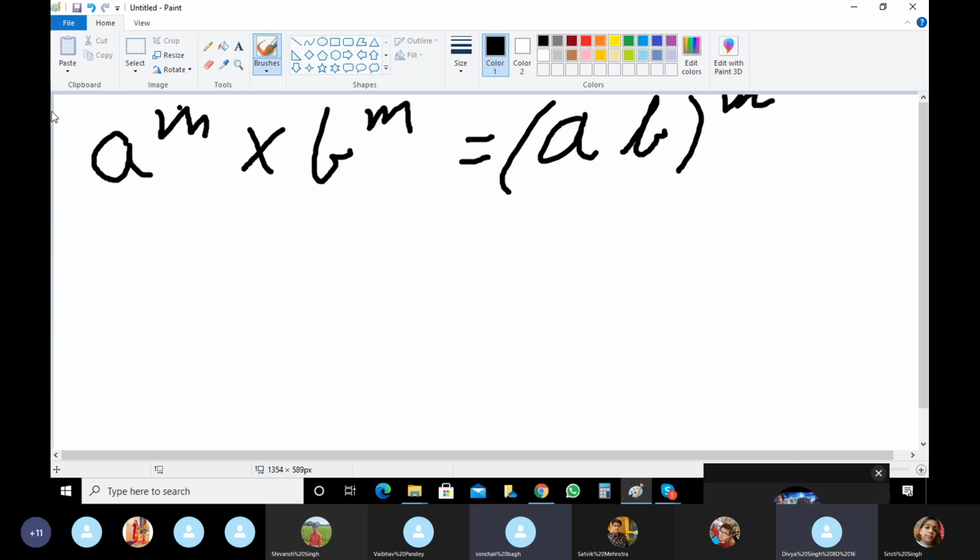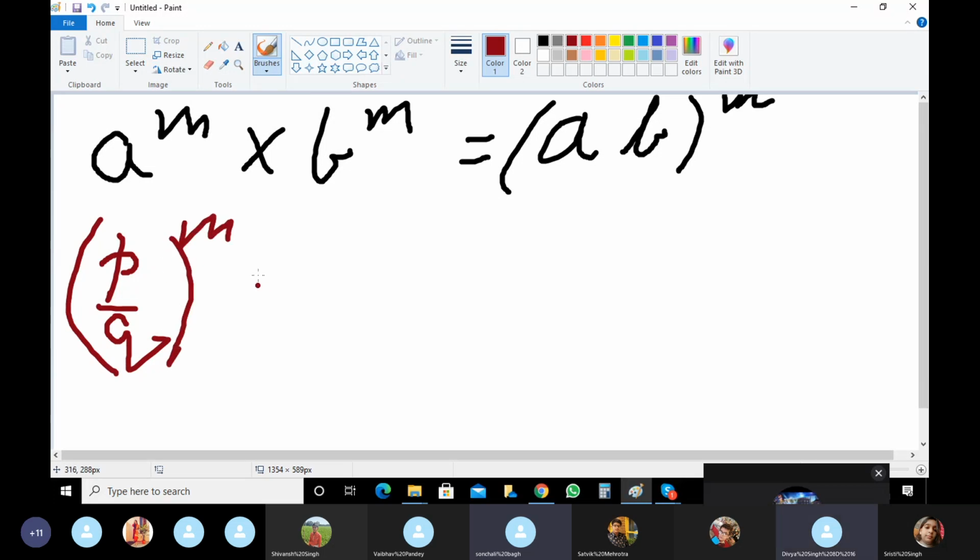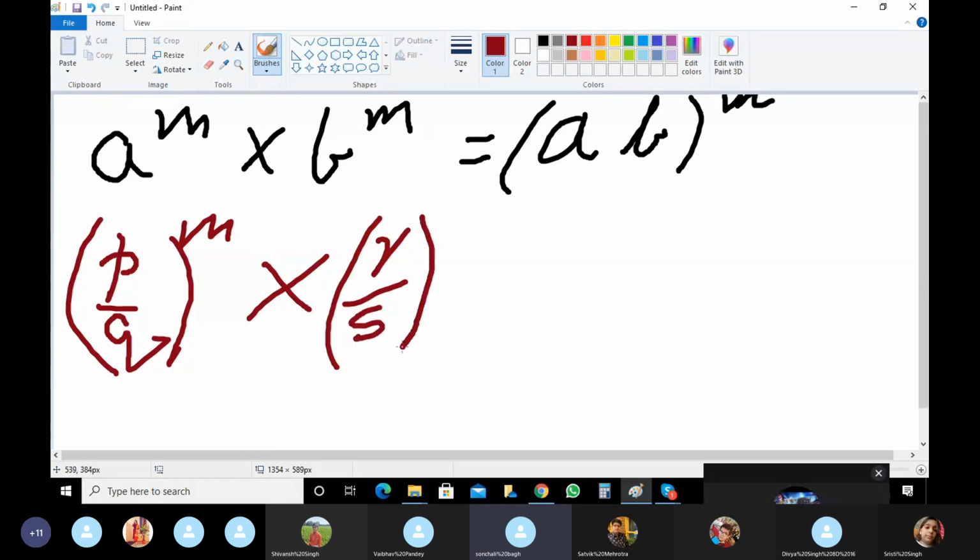So for the case of p by q, one rational number with power m, and the other rational number r by s to the power n, what should be the answer?